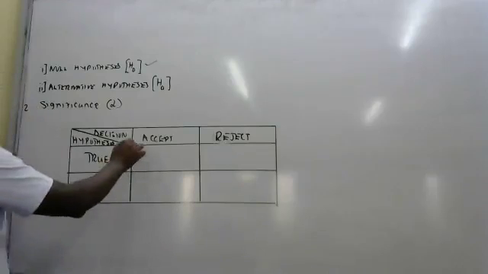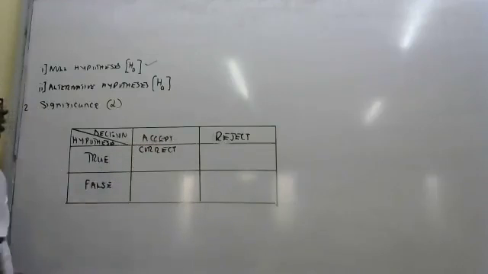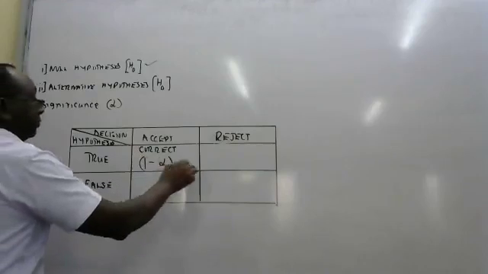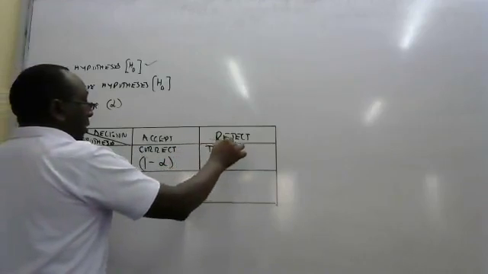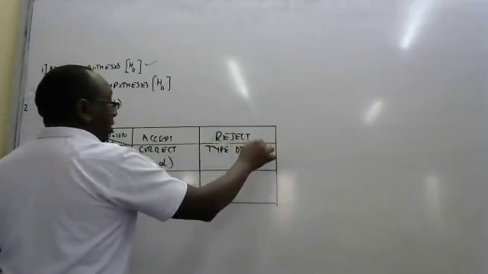Now, if you accept that it is true, that is correct, 1 minus alpha. This is called type 1 error.